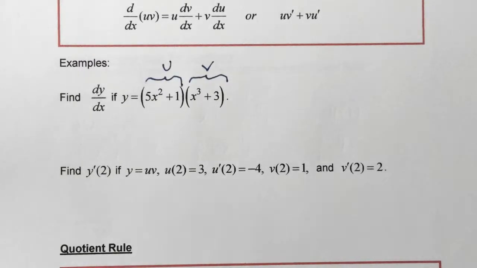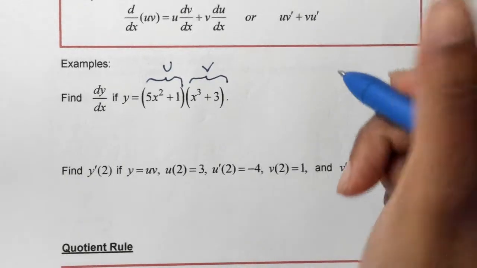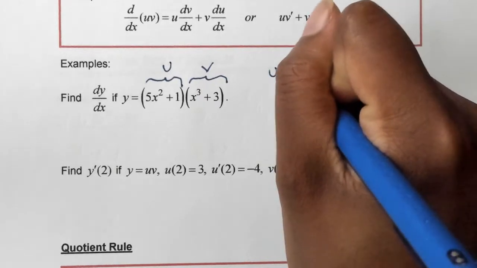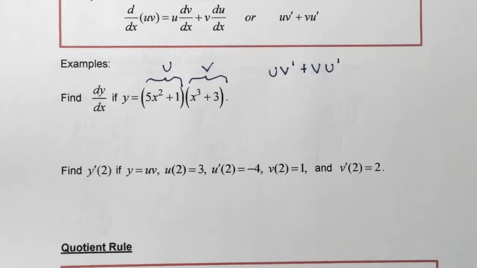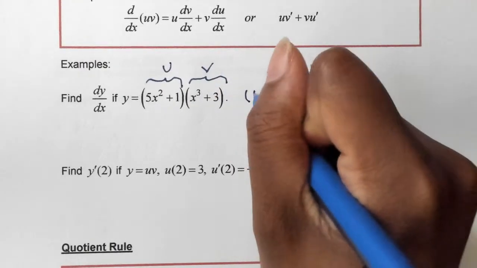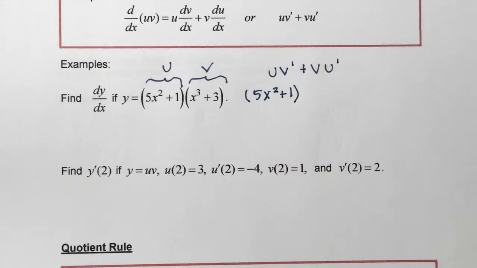So using that information, we know that we want to set this up as u v prime plus v u prime. So in order for that to happen, we know we want 5x squared plus 1. That's my u.